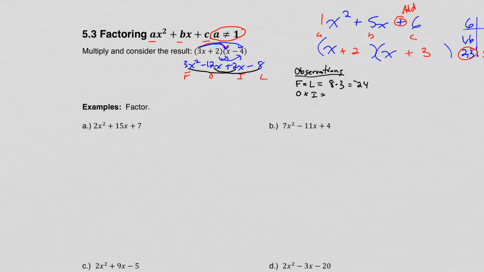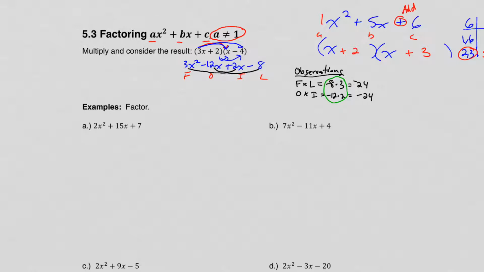Actually, negative 24, right? So definitely we have 24. We have two different factors of 24 right here. Okay?